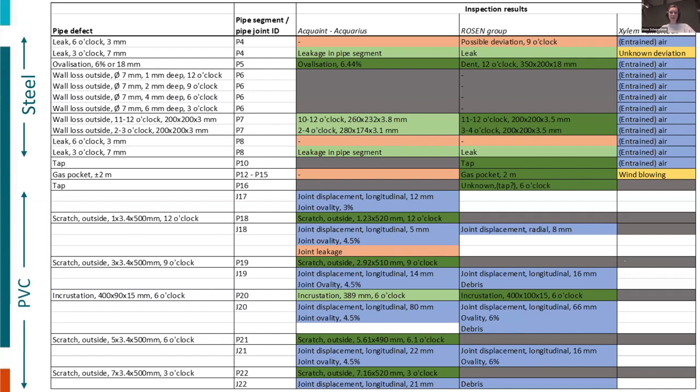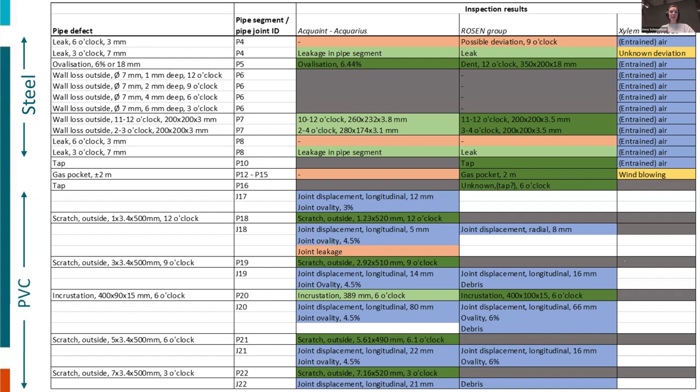And something similar happened at the joints. So we used some specific clamps to join the PVC pipe segments, and we expected them to clamp circumferentially, but testing afterwards showed that some ovalization was present at these clamps, and that was detected by the tools of Acquaint and Rosen Group, but we could not verify afterwards the size of these ovalities.